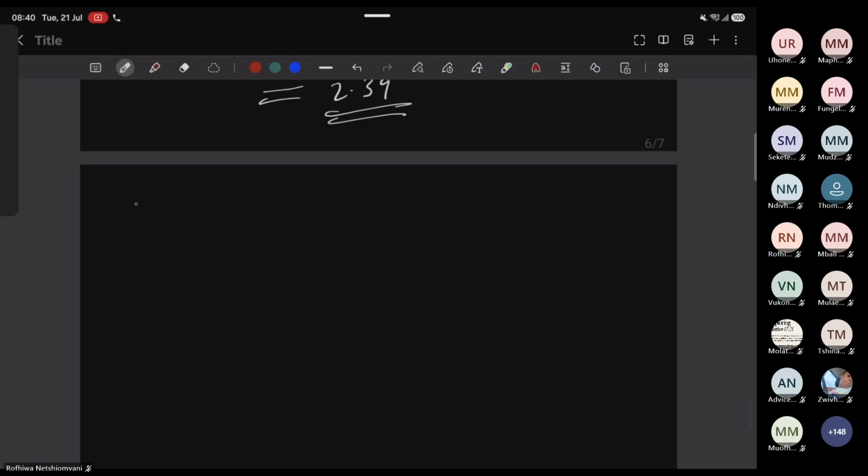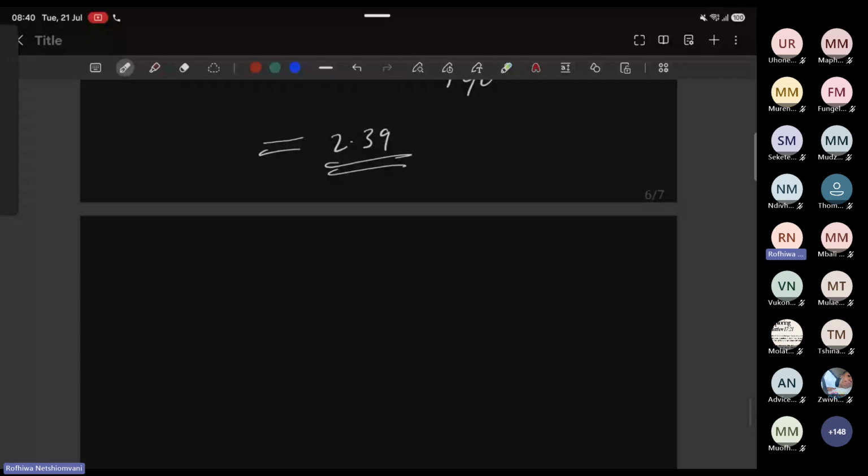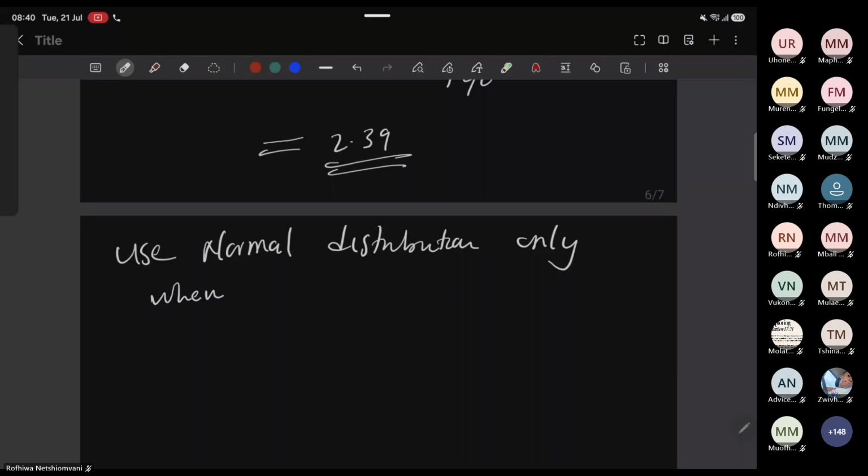Now let's see what are the conditions that we need to have to always use this formula. If you look in your notes, we have case 1 and case 1. I don't want those one. So we will only use normal distribution only when population standard deviation is given.